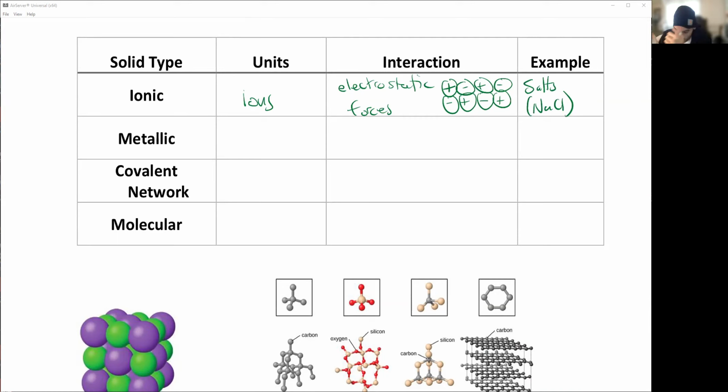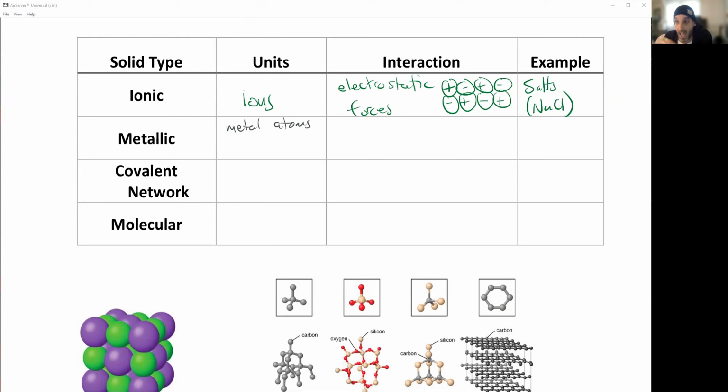Okay, next up, metallic solids. Metallic solids are going to have individual units that are metal ions. And this is a little bit different. Actually, I should not say ions, metal atoms.